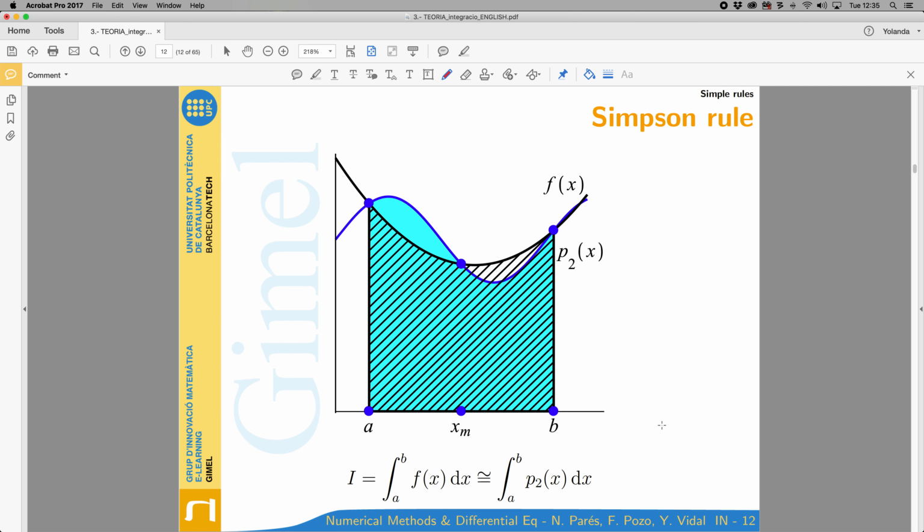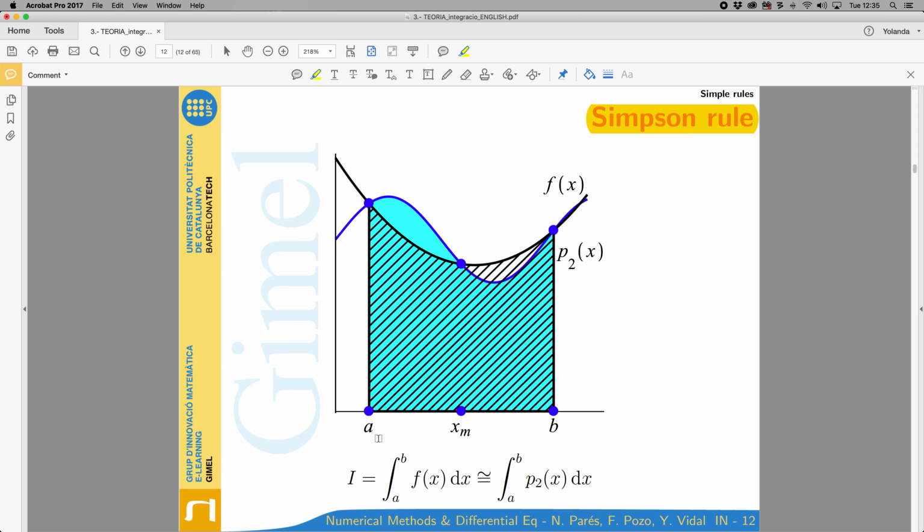So for Simpson rule, that's the last method we will cover today. The idea is to approximate f of x, the blue line, by a second degree polynomial. Now, if we think in pure interpolation, I need 3 data points if I want to find a parabola.